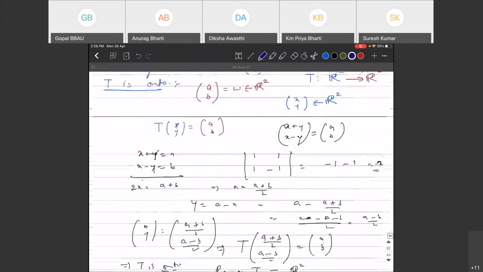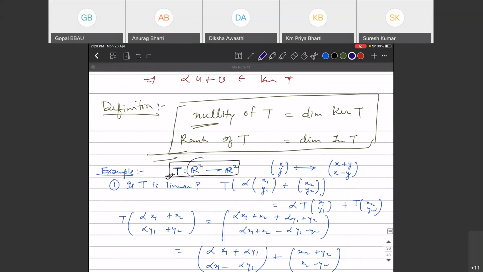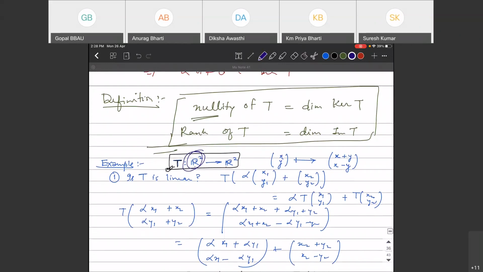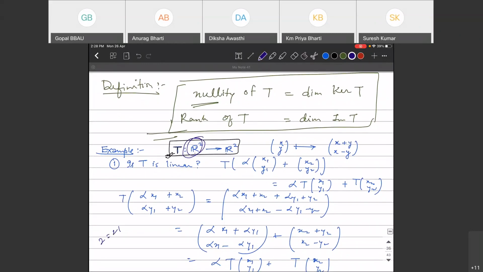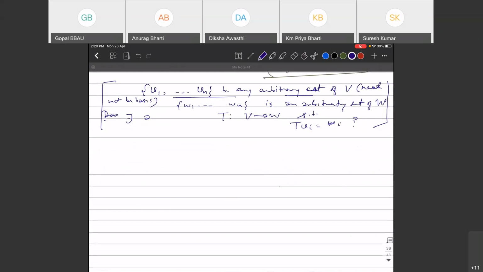So there is a very nice relation between rank, nullity and dimension of the domain of the linear transformation. So this is 2 equal to 2 plus 0. So this is what is called the Rank-Nullity Theorem.